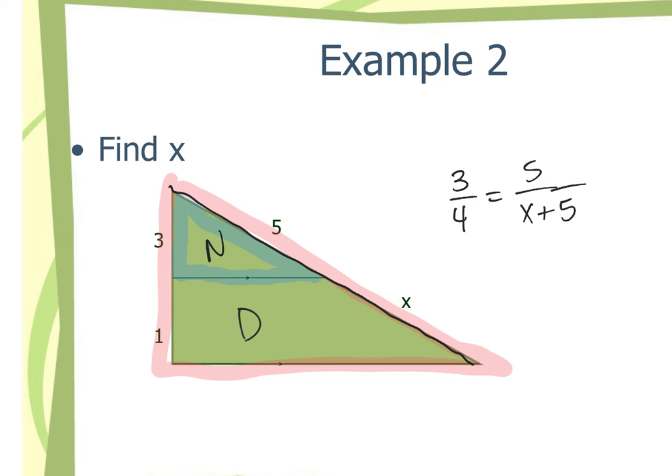Okay? Now, we would go from here and we would cross multiply and then solve. So let's cross multiply. We're going to get 3 times x plus 5 equals 20, right? Then what do I do? Distribute. So you're going to get 3x plus 15 equals 20.